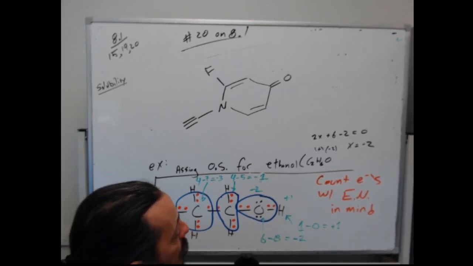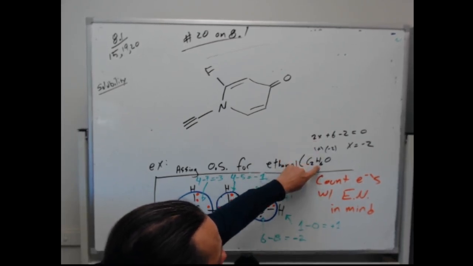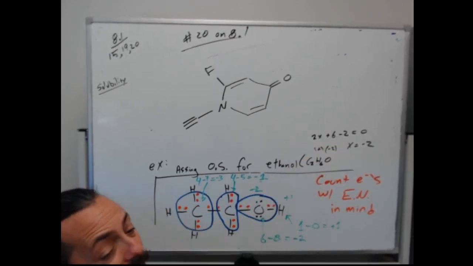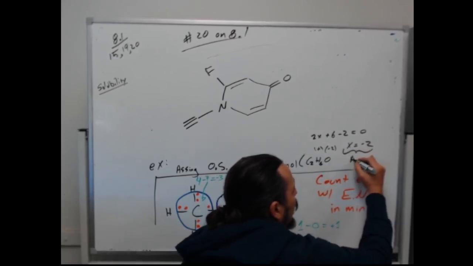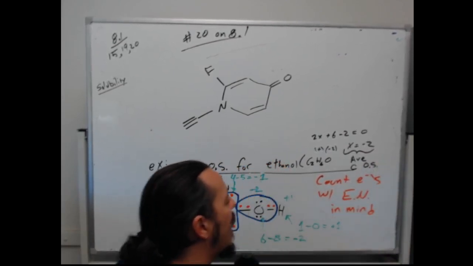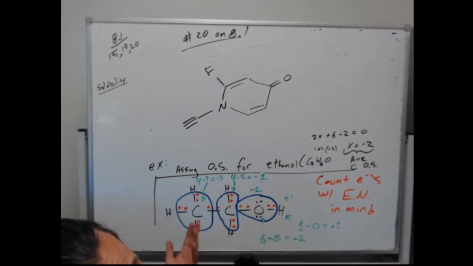So this is just saying I have 2 carbons with unknown oxidation state, 6 hydrogens, each with a +1, and 1 oxygen with a -2. That's the average carbon oxidation state: -2. So -3 and a -1, the average is -2.